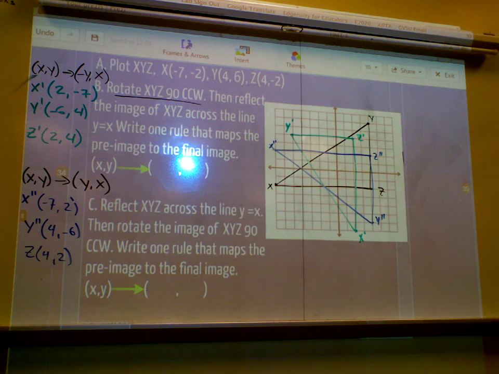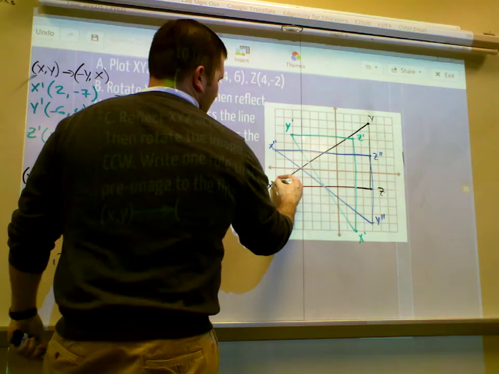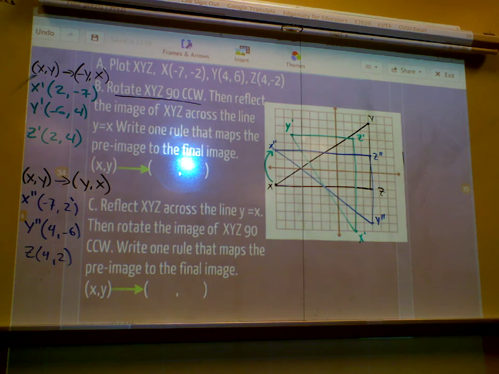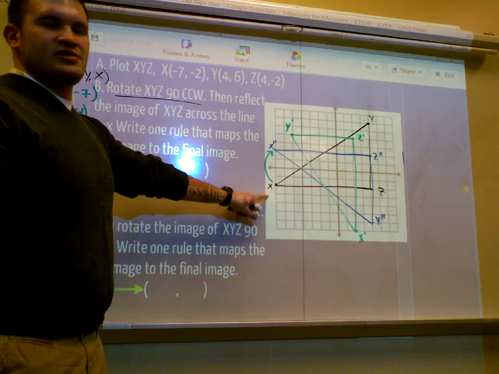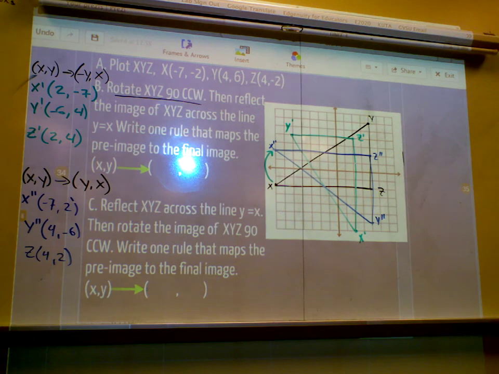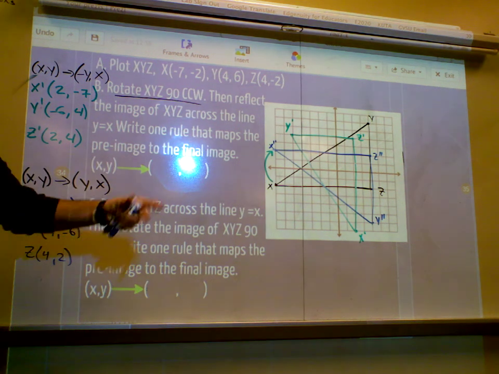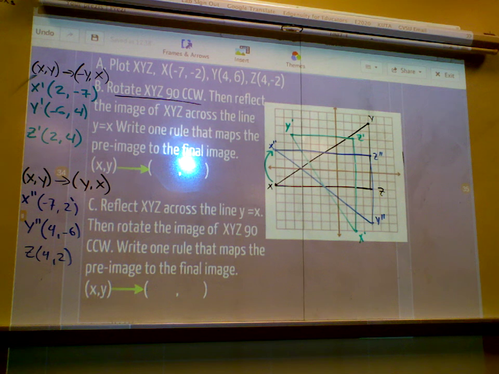Now, I want to write one rule that makes this go to there. I want to write one rule that makes x go to x double prime. Now, looking at the picture, you might see that rule. Well, let's try to go through it and figure it out using composite transformations.